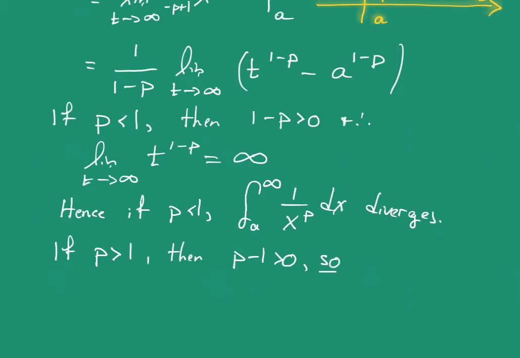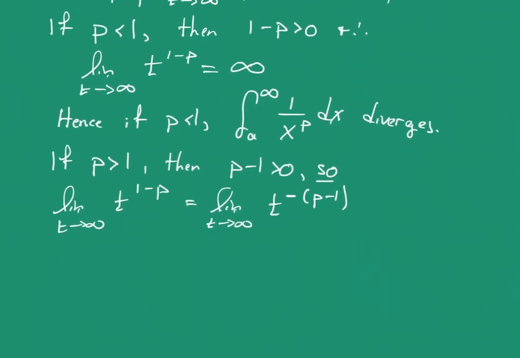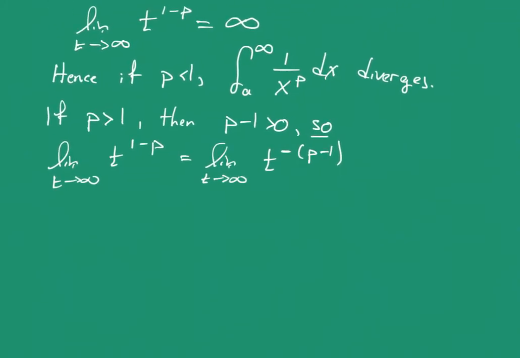And so, looking at the limit that we care about, the limit as t tends to infinity of t to the 1 minus p, we could write that as the limit as t tends to infinity of t to the negative p minus 1. That's just minus p plus 1, which is what we had before.